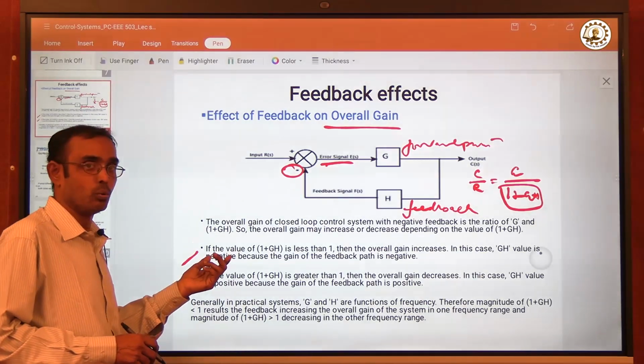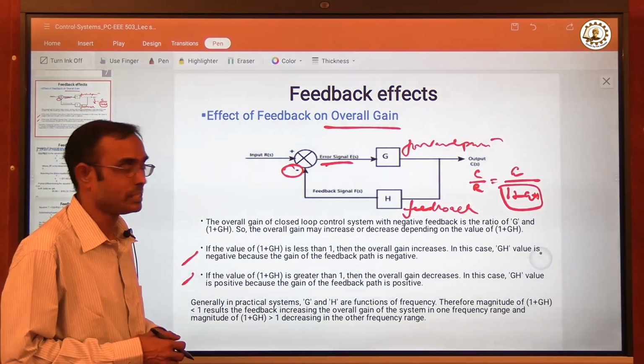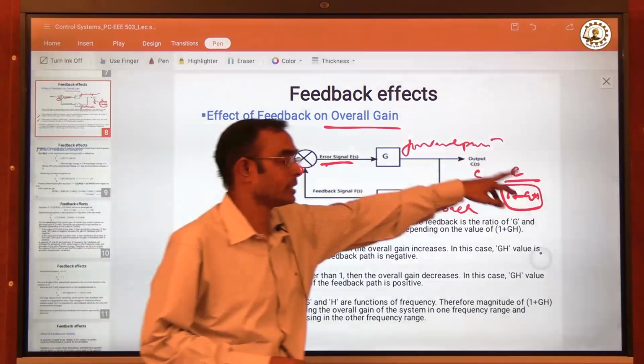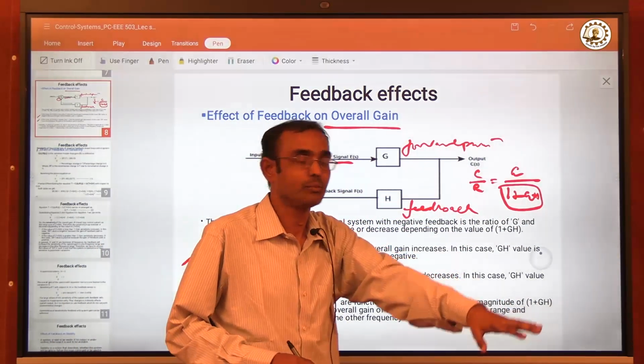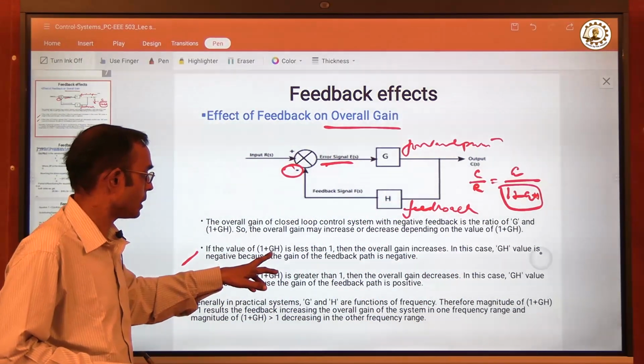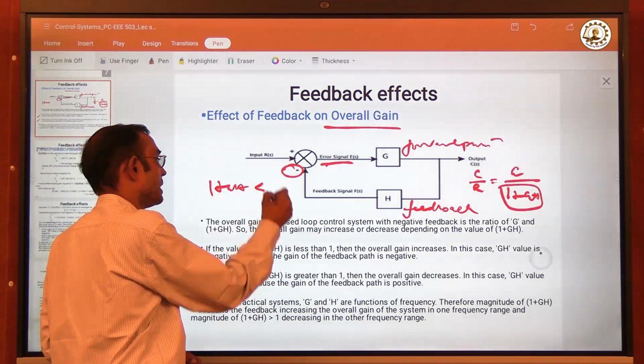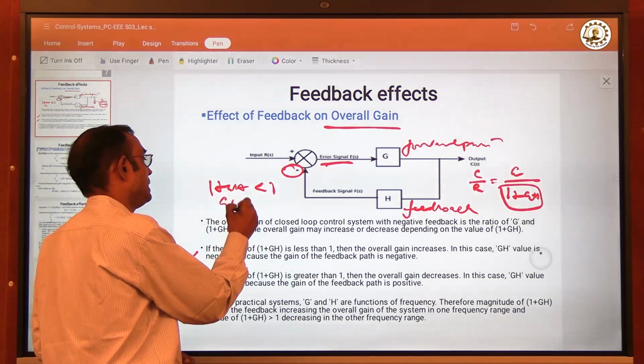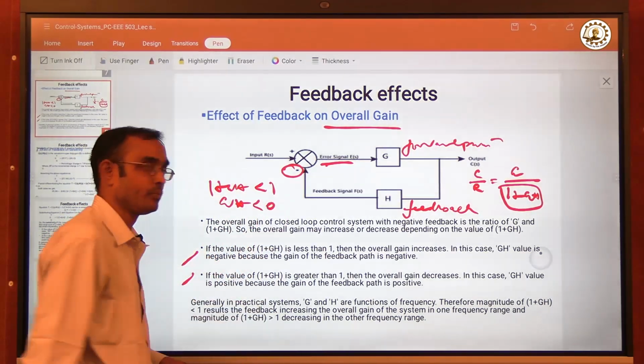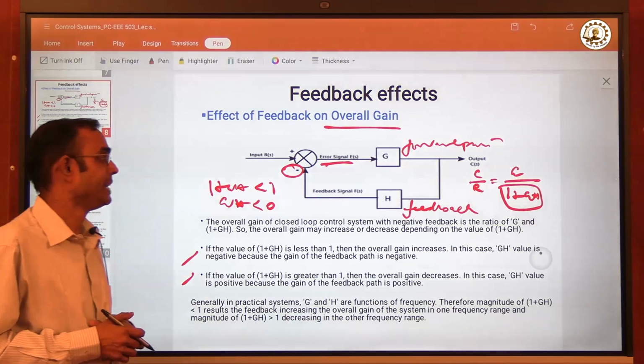Now, the term 1 plus GH in the denominator, since it is the overall gain of the system after using the feedback, if this 1 plus GH is less than 1, that means GH is less than 0. That means GH is negative.